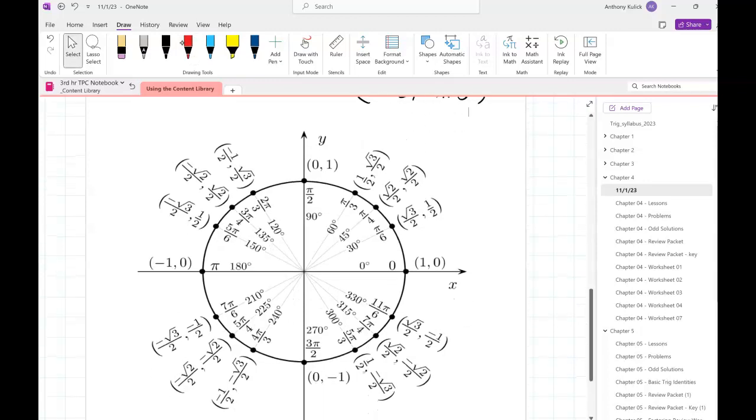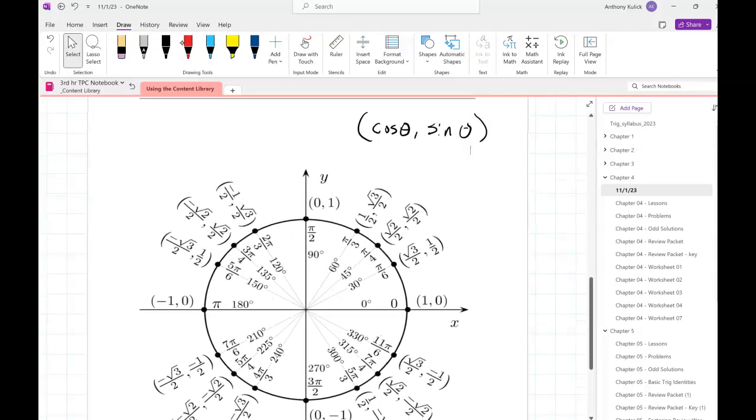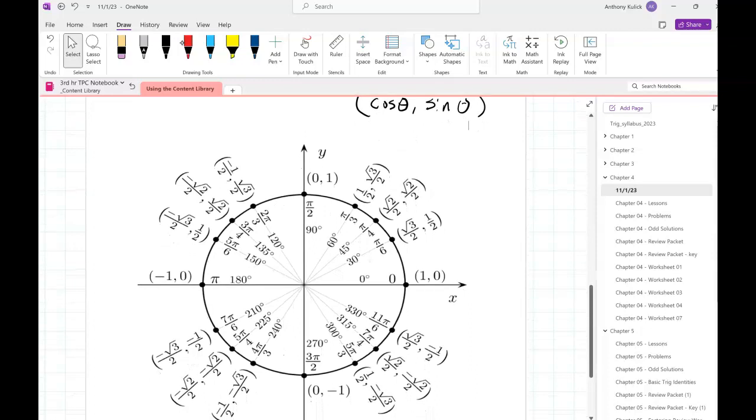So what I'm going to do now is look at my unit circle for all the places where the y coordinate, because we're looking at sine inverse, is 1/2. So I see that happen here, and I see that happen there.